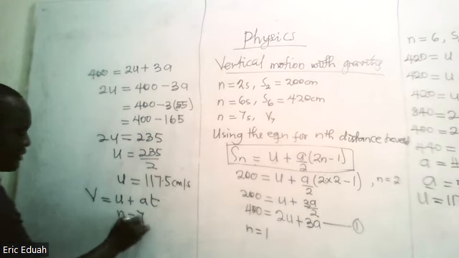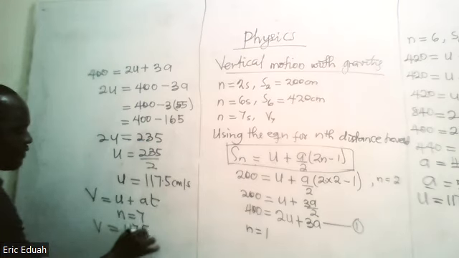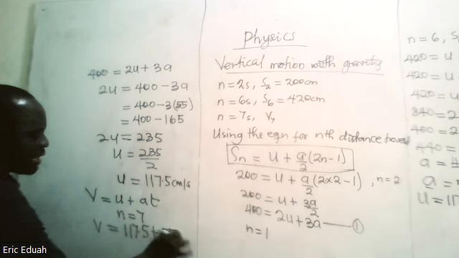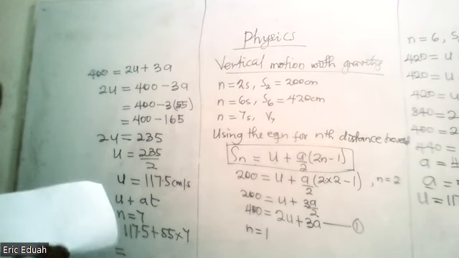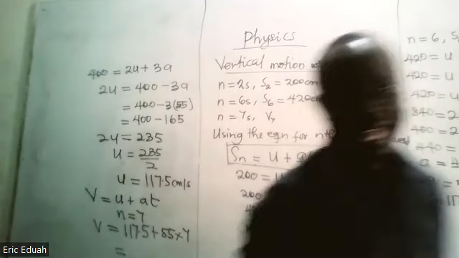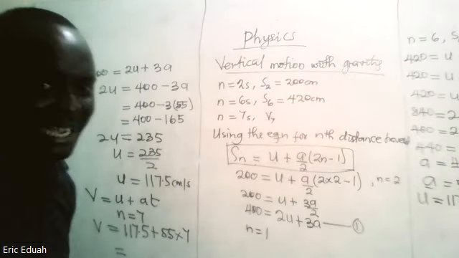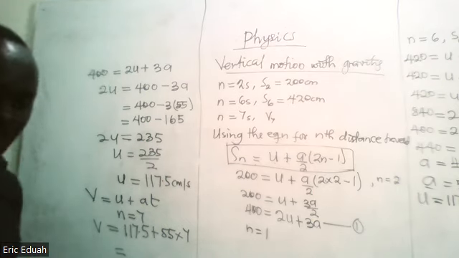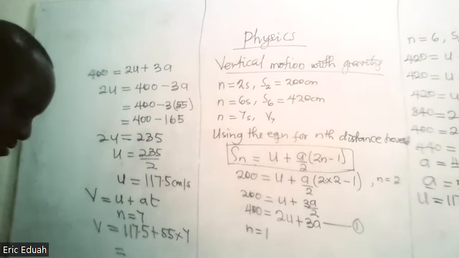n is equal to 7. v will be equal to u, which is 117.5, plus 55 times 7. Please put them together for me. Today, I also brought my calculator. Yesterday, along the line, I didn't like the value you gave me, so I brought my calculator. You get 475 centimeters.